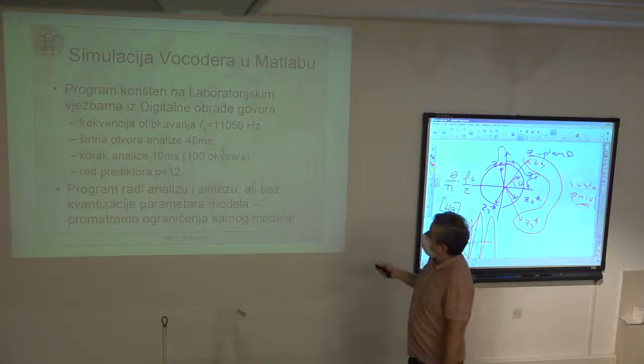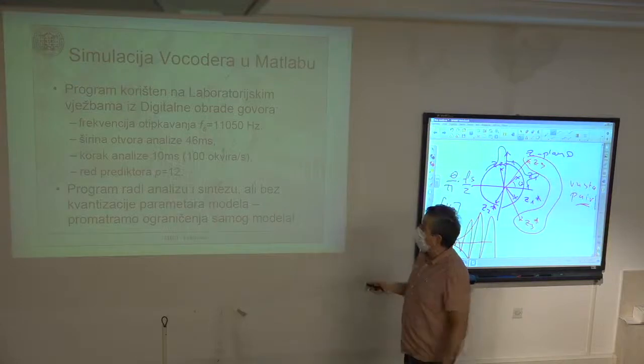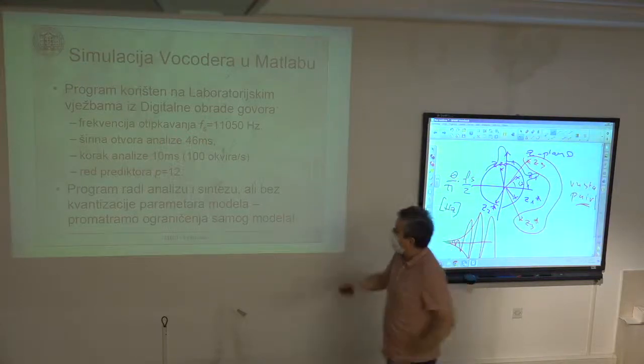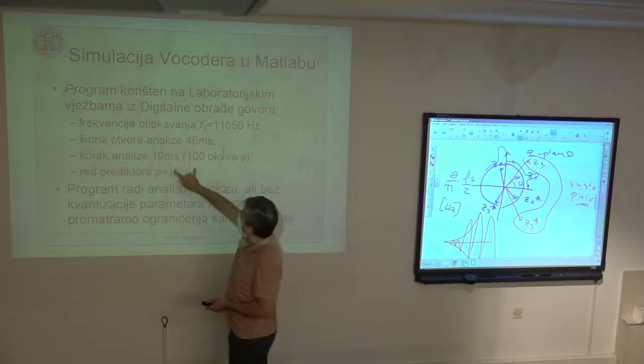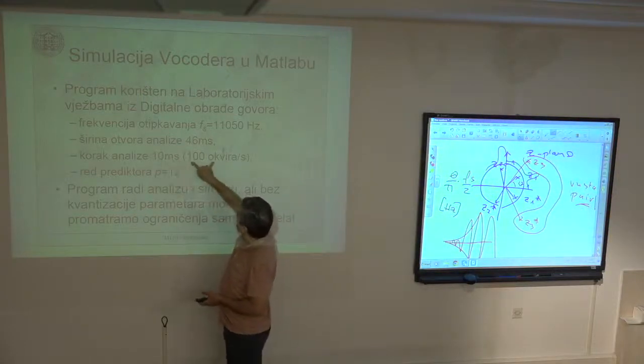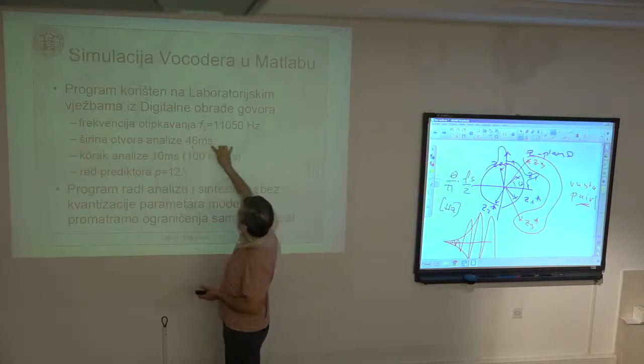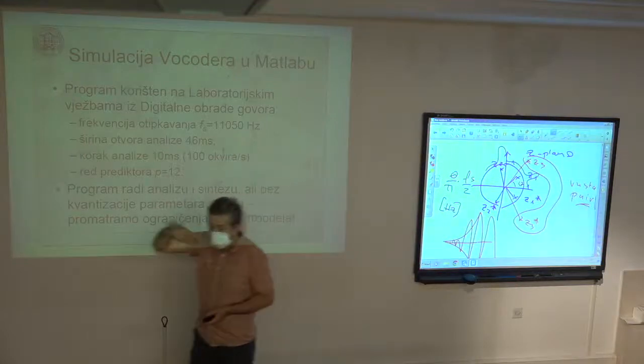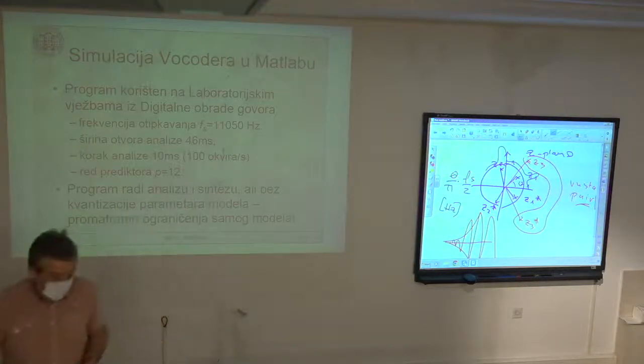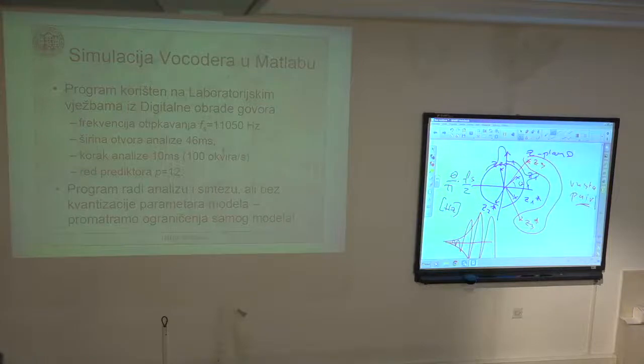We have used a sampling frequency of 11 kilohertz, and the analysis window was 46 milliseconds. I repeated the analysis 100 times per second by shifting this 46 milliseconds long window by 10 milliseconds. So I have overlap between two neighboring analysis windows. The prediction order is 12.